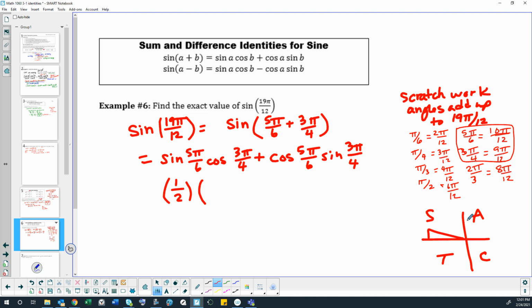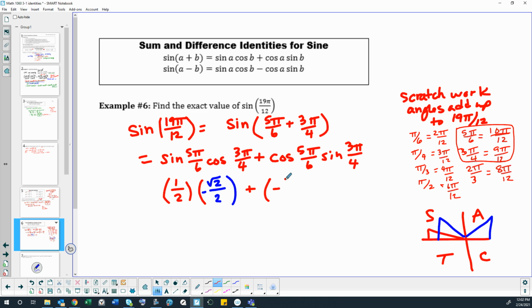What's the cosine of 3 pi 4ths? What is our pi fourths reference angle from our little chart? Perfect. However, it's quadrant 2. What does that tell us? Yep. So the cosine of 3 pi fourths is negative square root of 2 over 2. And then the cosine of 5 pi 6 is the same as the cosine of pi 6, except it's going to be negative.